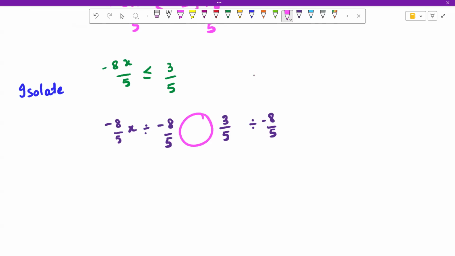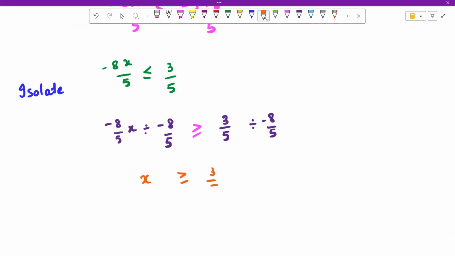Oh, greater than or equal to. Yes. Division or multiplication with a negative changes the symbol. So here, division by the same thing gives us x, x greater than or equal to.